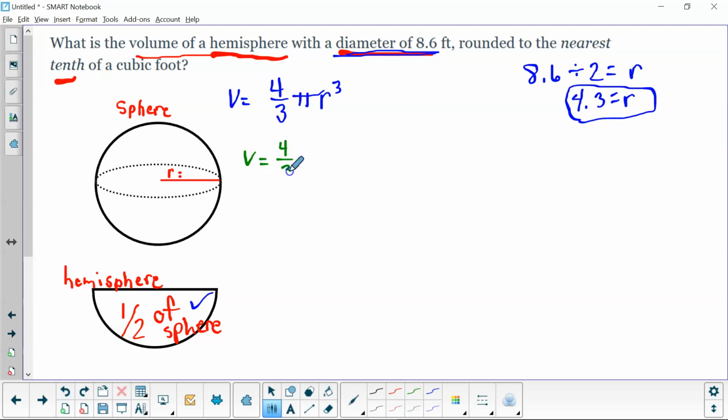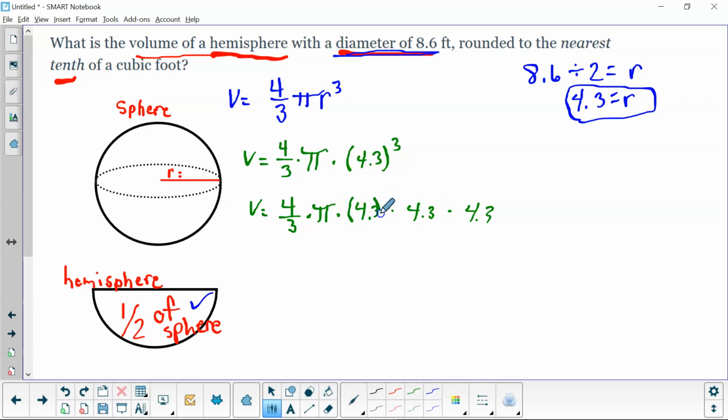We still have 4/3, and we still have pi because we're going to use the pi button. And then we're going to put our radius in, 4.3 cubed. I can either do it this way, 4.3 cubed, or I could also write it like this, 4/3 times pi times 4.3 times 4.3 times 4.3, because I've got 4.3 times itself 3 times.